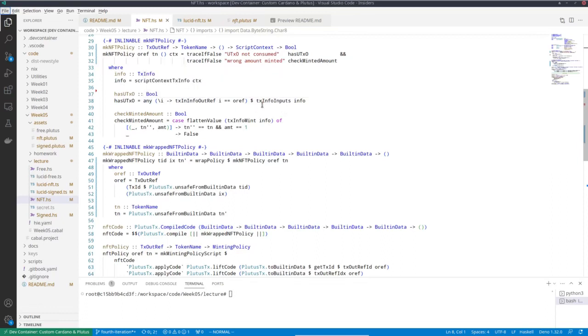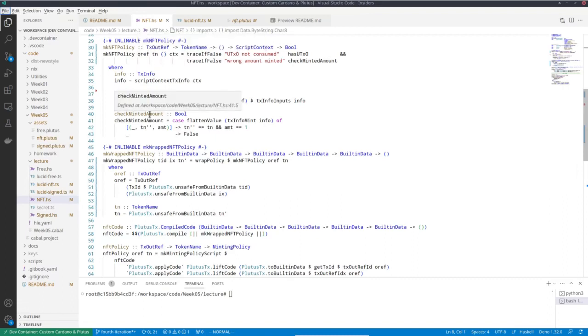So apply that to the TX info inputs, which is the list of all inputs to the transaction. And the predicate is given an input, we check whether the TX in info outref, which is exactly the ID of the input, the ID of the UTXO we are consuming, is the given one. So this will be true if there is an input that corresponds exactly to this TX outref.